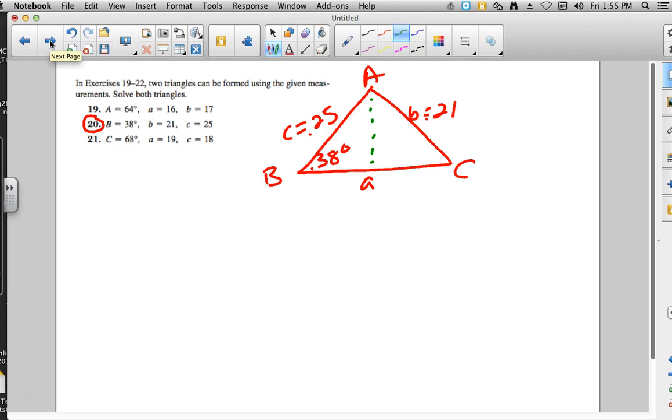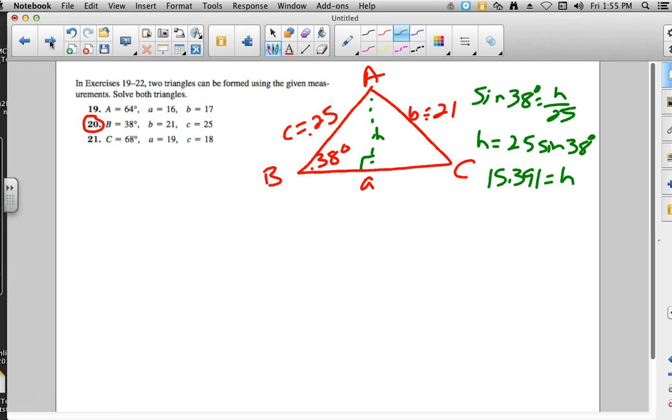So drop that perpendicular down and say the sine of 38 degrees will equal h over 25. So h will be 25 times the sine of 38 degrees, and that came out to 15.391 for h.